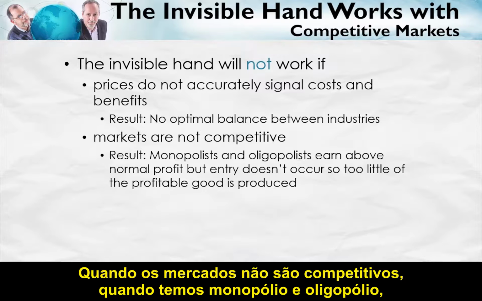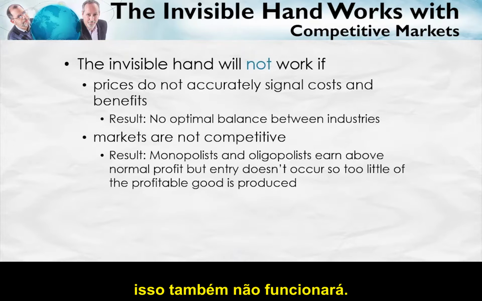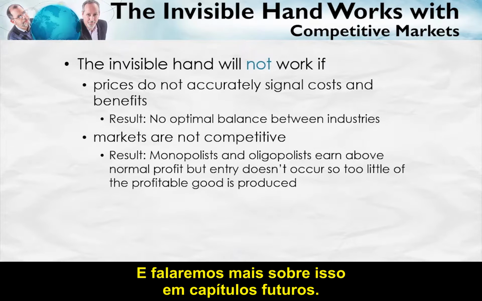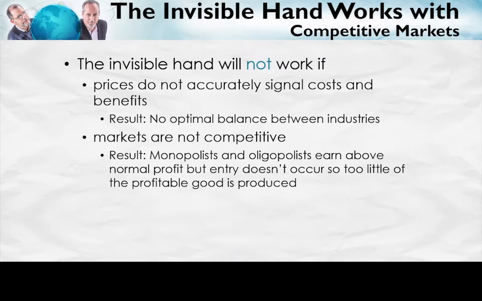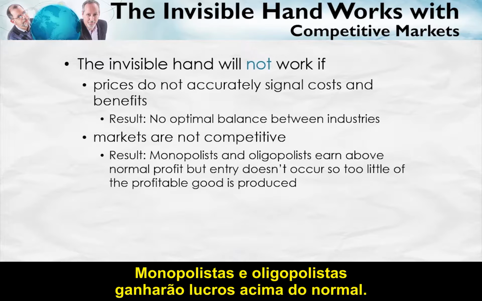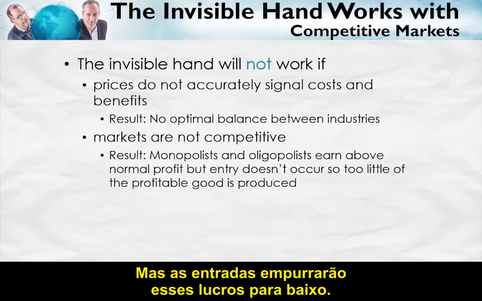When markets are not competitive, when we have monopoly and oligopoly, this isn't going to work as well. And we'll be talking more about this in future chapters, but you can get the right idea by thinking about the following. Monopolists and oligopolists will earn above normal profits, but entry won't push those profits down.